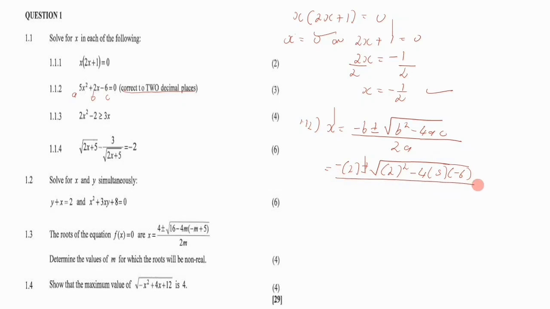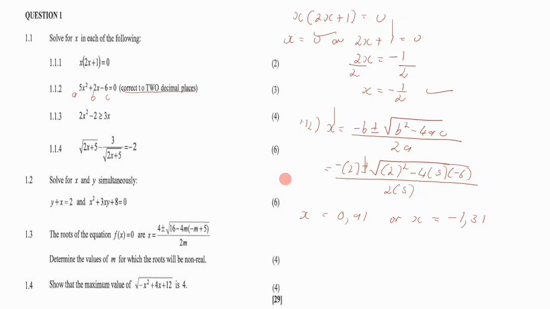And then all that over 2 times 5. Now it's just a matter of punching in your calculator and then finding your answer there. So we have x = 0.91 or x = −1.31.